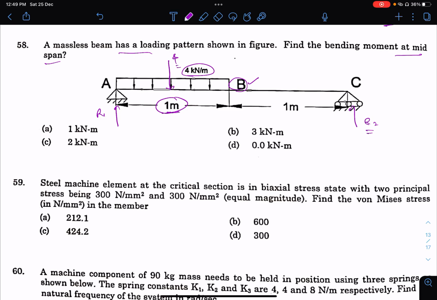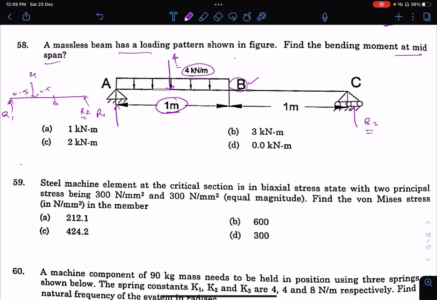If it is 2, then I will multiply it with 2, then total load will become 8. If I draw this diagram, R1, here the midspan is, it is 4, it is 0.5, then it is 0.5 here, this point is B, this point is R2.